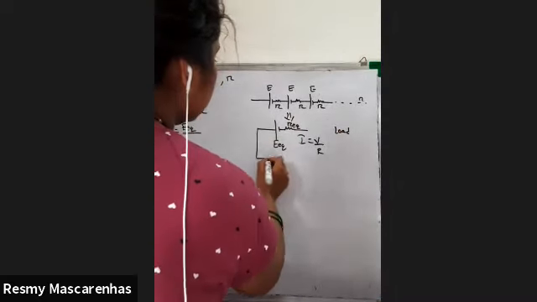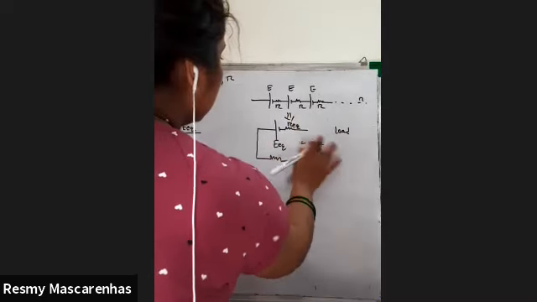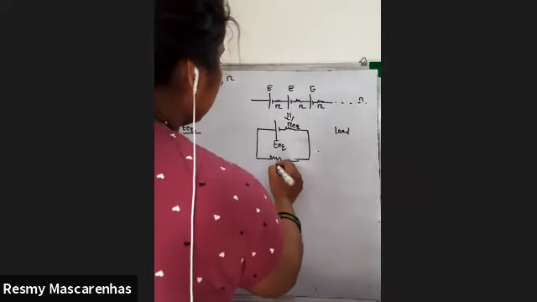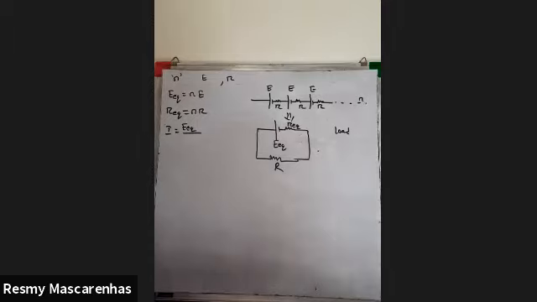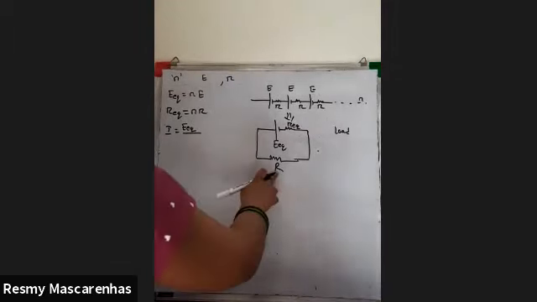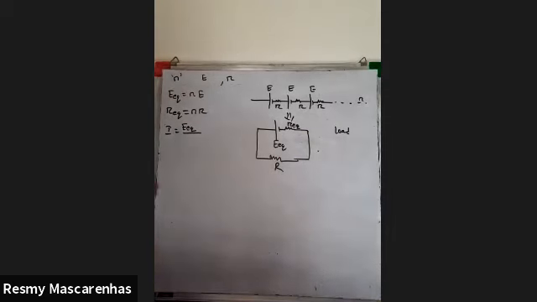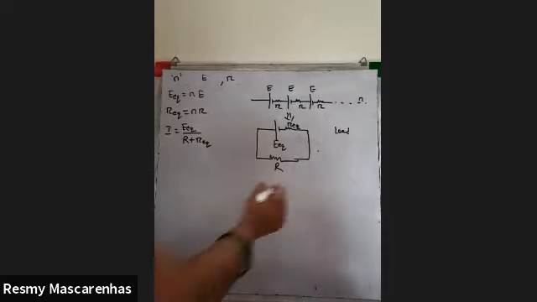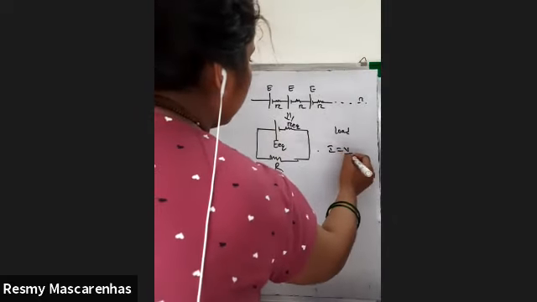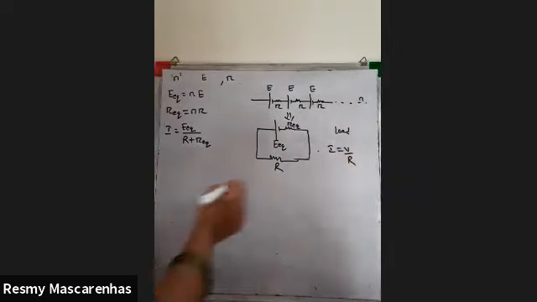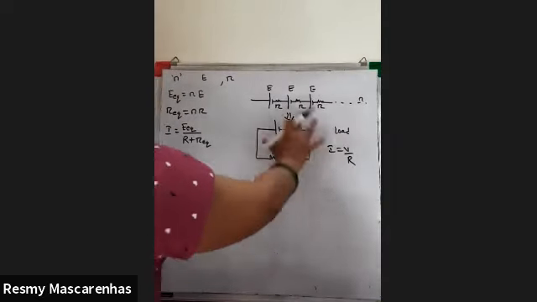Load means it is connected to some external resistance. Please remember this. So the total resistance will be R plus r equivalent. I is equal to V by R, voltage upon resistance in the full circuit.